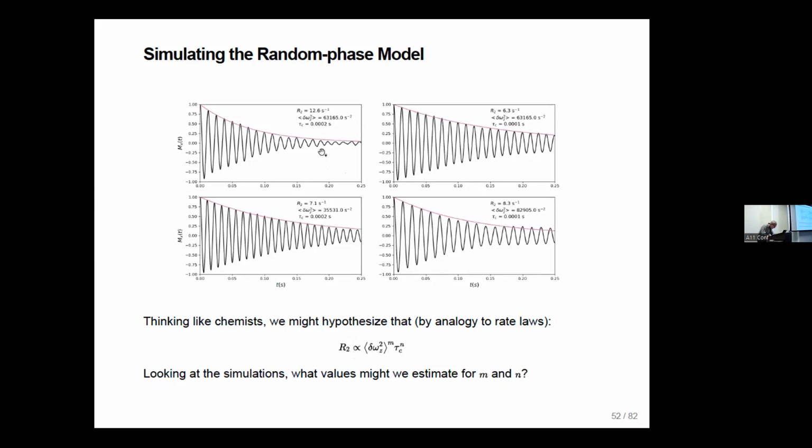So here I made, across the top, I have tau c, and the relaxation rate changed by a factor of 2. So I might think that R2 is linear in tau c. And then here, I left tau c the same and did something to the variance.